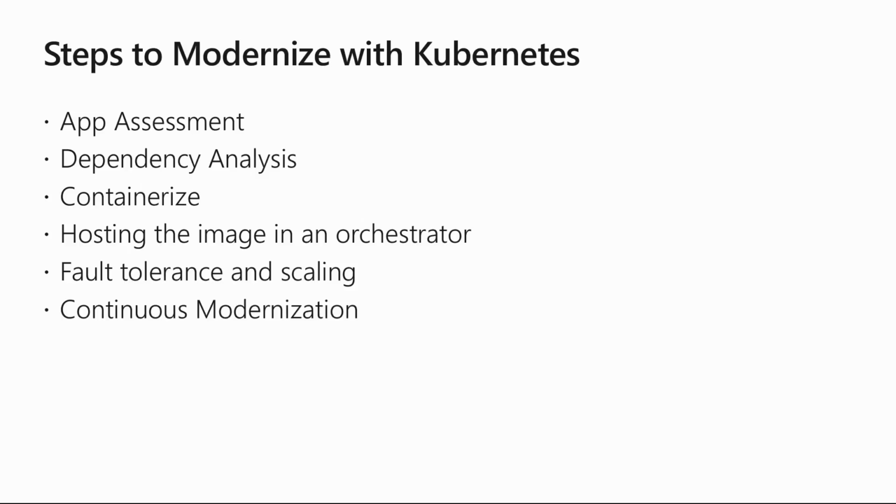Once you've done the dependency analysis, then you write your Docker files, you containerize your applications. Once you've containerized these applications, you want to host them in a container registry. Then you go to a Kubernetes-like environment and start creating your pods based off of those images. And then once you're done with this, you can start doing fault tolerance and continuous modernization and things like that.